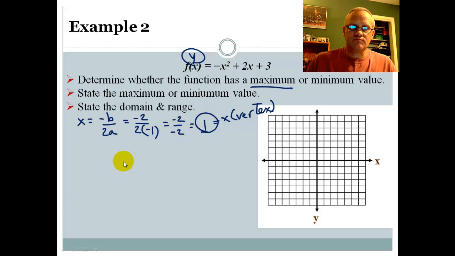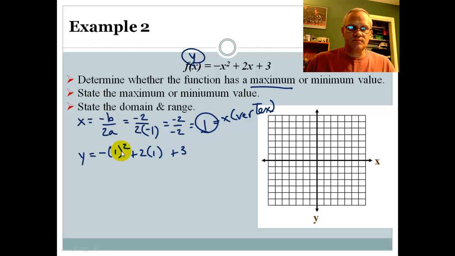Okay? All right, so let's do that. So here's what I've got. f of x, or y, equals negative x squared, and x is 1 here, so negative 1 squared plus 2 times 1 plus 3.